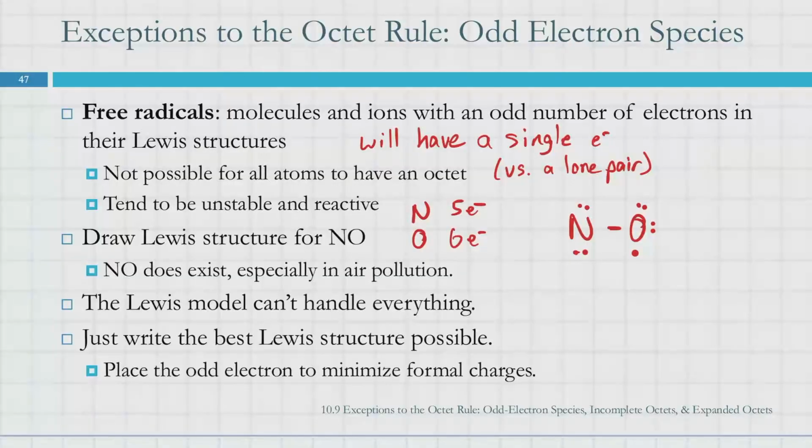I think that's correct. Yeah, that works. And the other way that you could think of to draw it would be something like that. Formal charges, you would find out that the one on the left is correct.